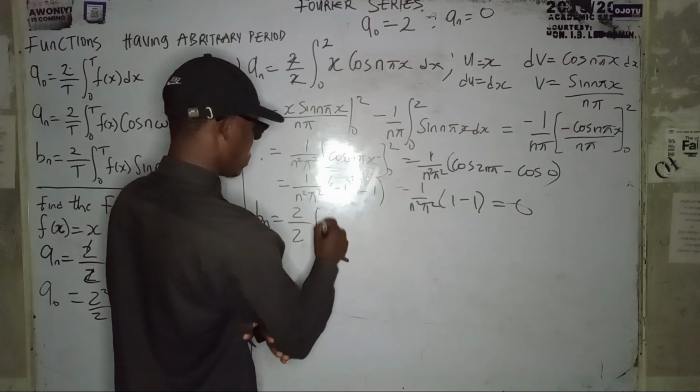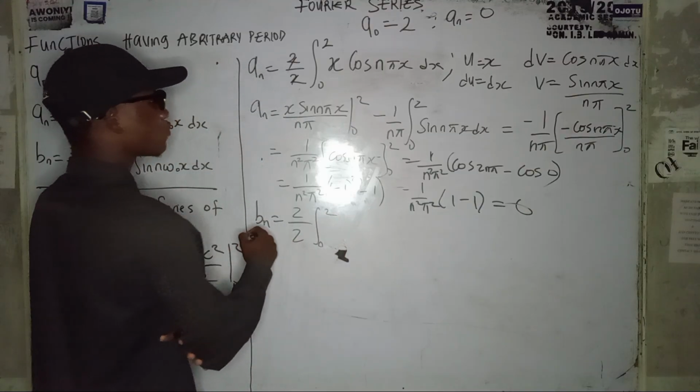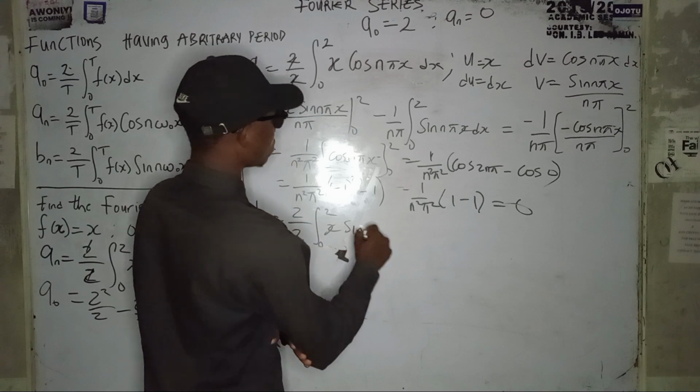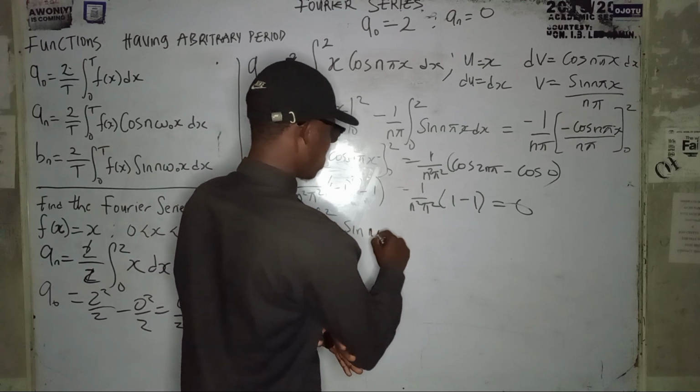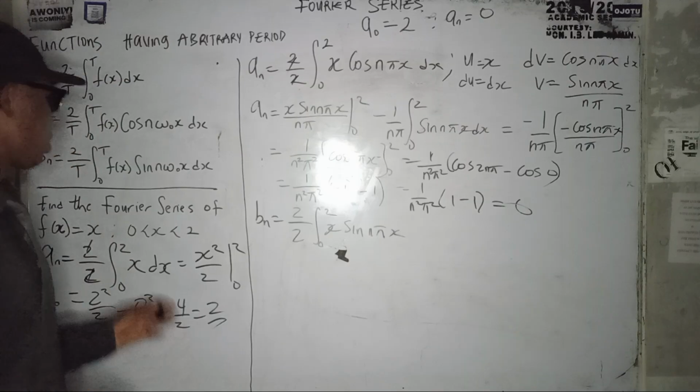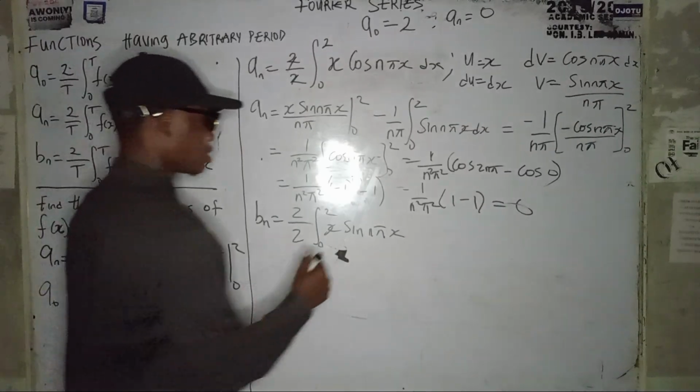The integral from 0 to 2 of f of x, which is our x sine n pi x, due to the fact that I've already gotten our omega as pi.